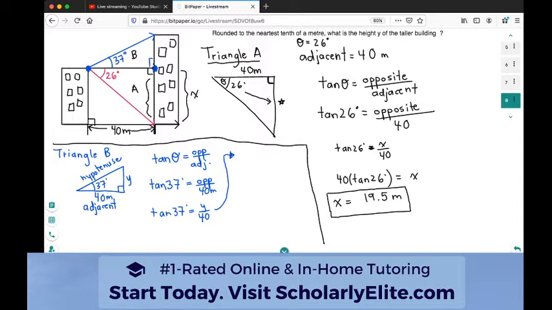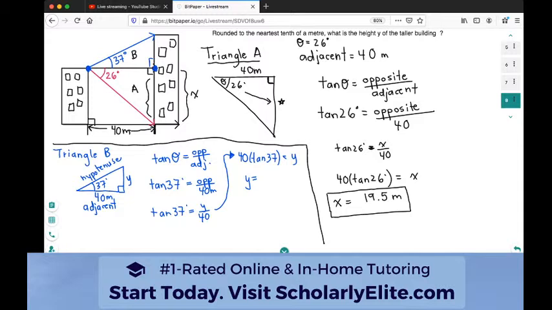Okay, now, again, the same concept applies. It's going to be 40 times tan of 37 equals y, and that answer can be found on your calculator. So take out your calculator, press tan first, then write 37. You don't need to write multiply or add or whatever.